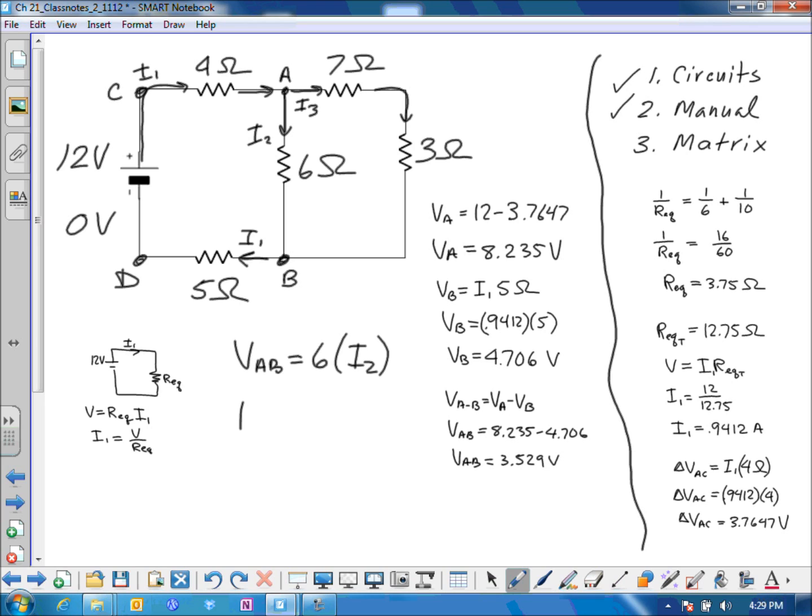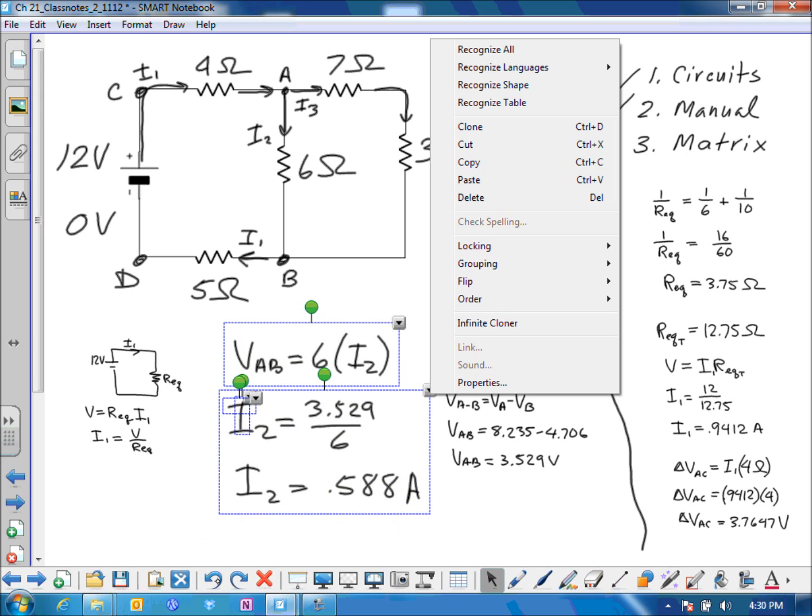So the current I2 is equal to the voltage that we just found, 3.529, divided by 6. This current I2 is equal to 0.5888 amps. All right, so now we found I2.